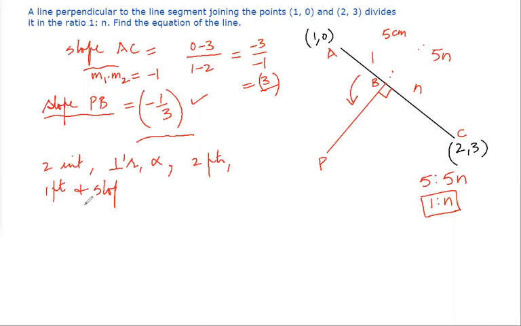So these are the different ways you can find the equation of the line. So see students, the slope of PB you already got. Now what is left is a point. That hint is given by 1 is to n. So how can you convert this hint 1 is to n into the coordinates of this point? Any student can tell? Think for 1 minute.